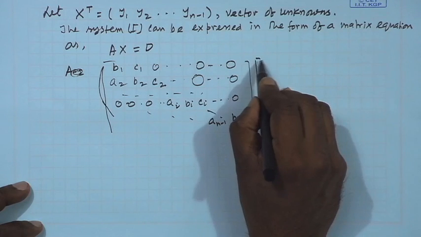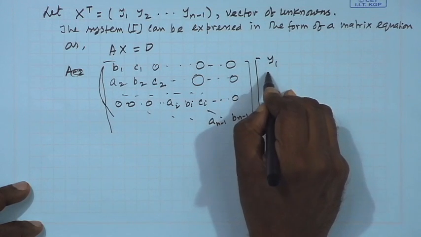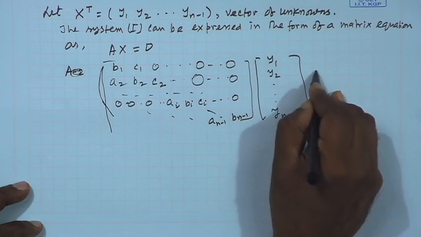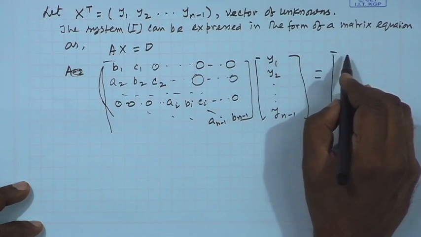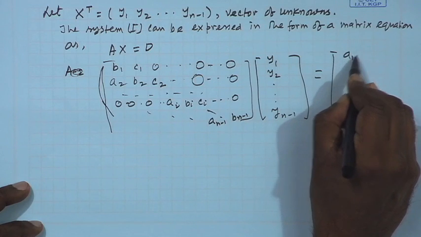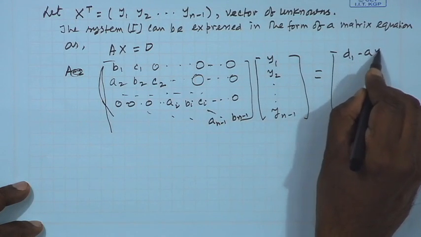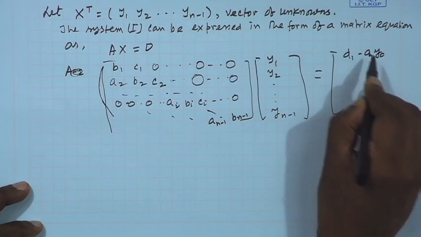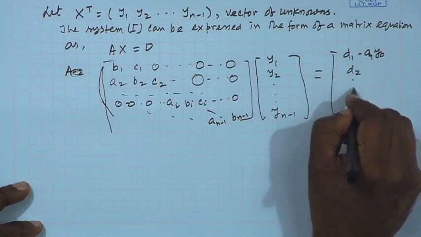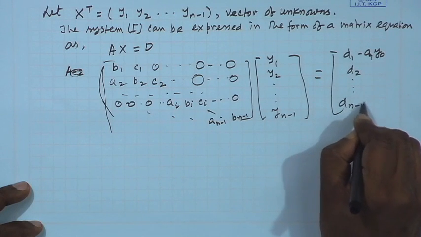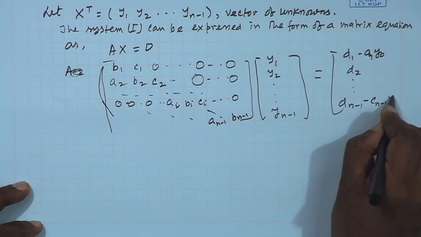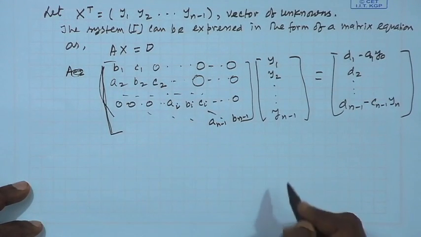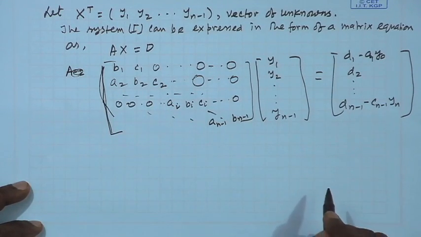This is multiplied with the vector y1, y2, up to y n minus 1, equal to d1 minus a1 y0, d2, and so on, up to d n minus 1 minus c n minus 1 y n. So the matrix equation looks like this.